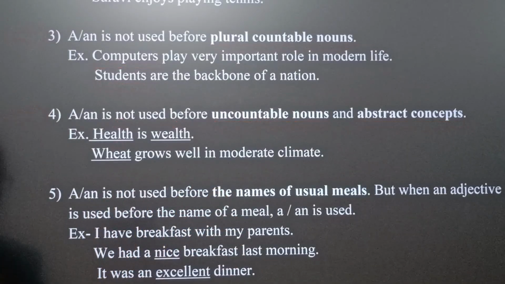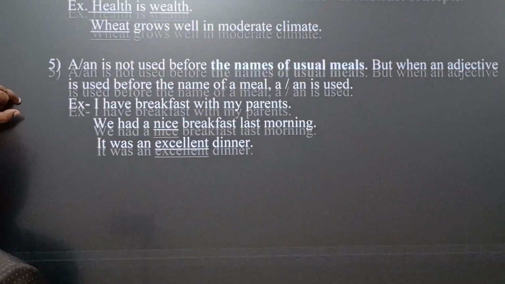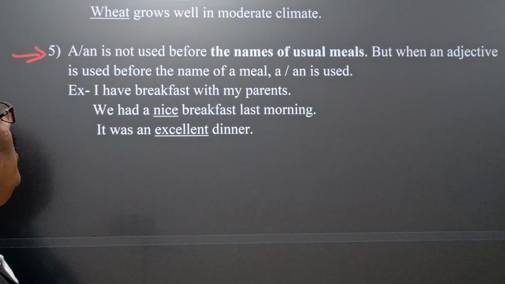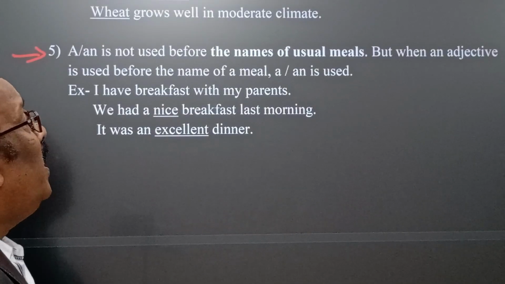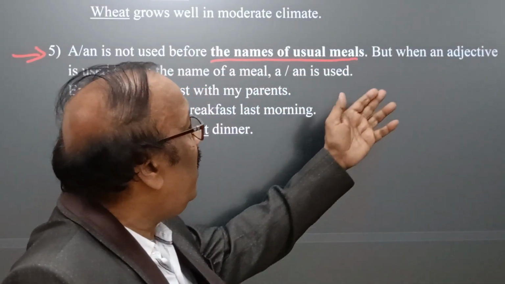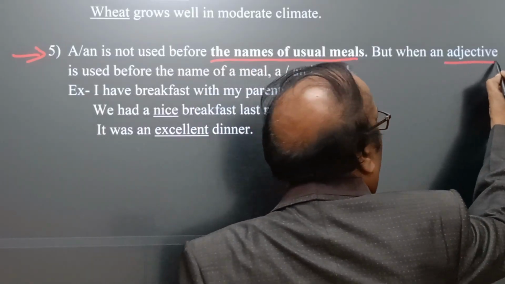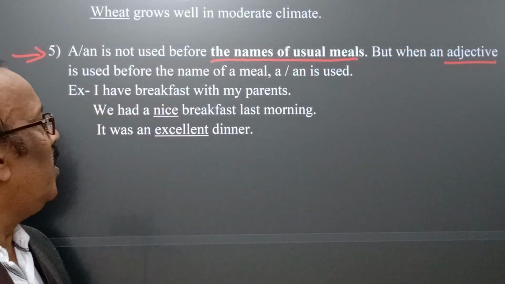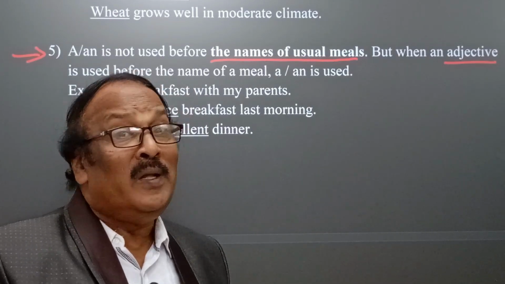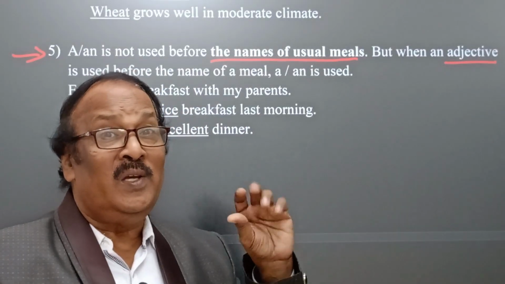Okay, again, the next idea we find here is that a or an is not used before the names of usual meals. Okay, but when any adjective is used before the name of a meal, article a or an can be used. This is controversial, it means confusing.